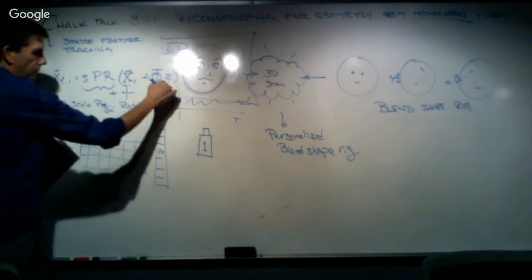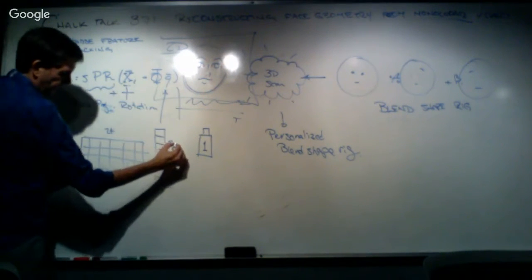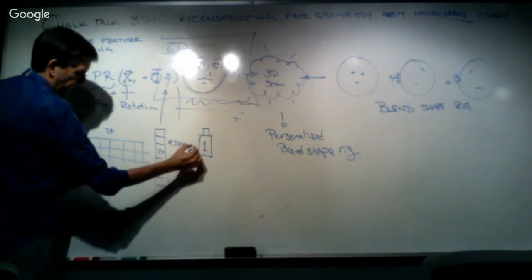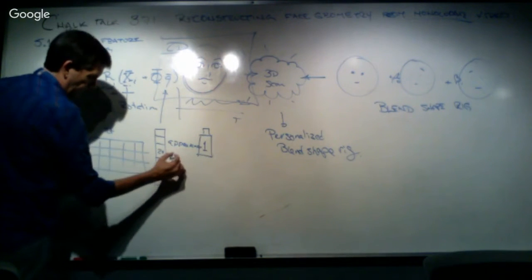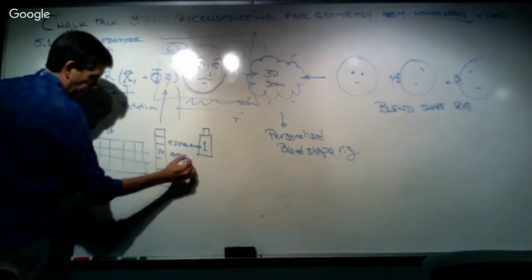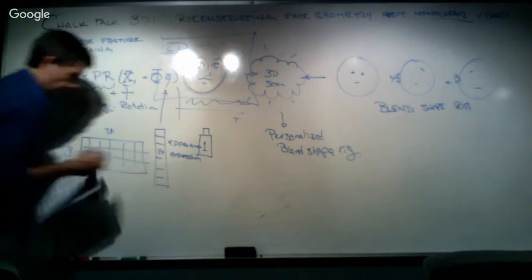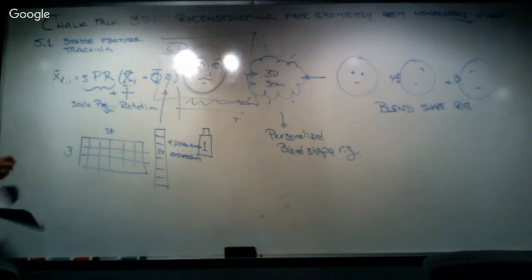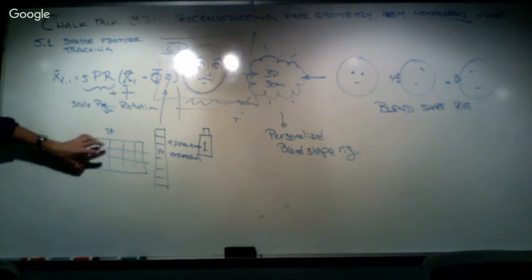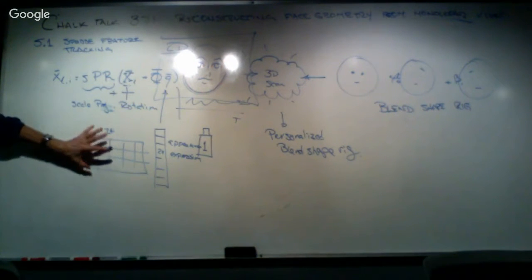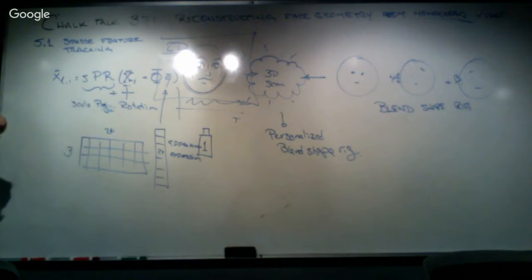And we don't know the appearance and expression of the face. But we have these carefully constructed matrices that we built up by looking at a lot of different people's faces in a lot of different expressions that allow us to determine this.